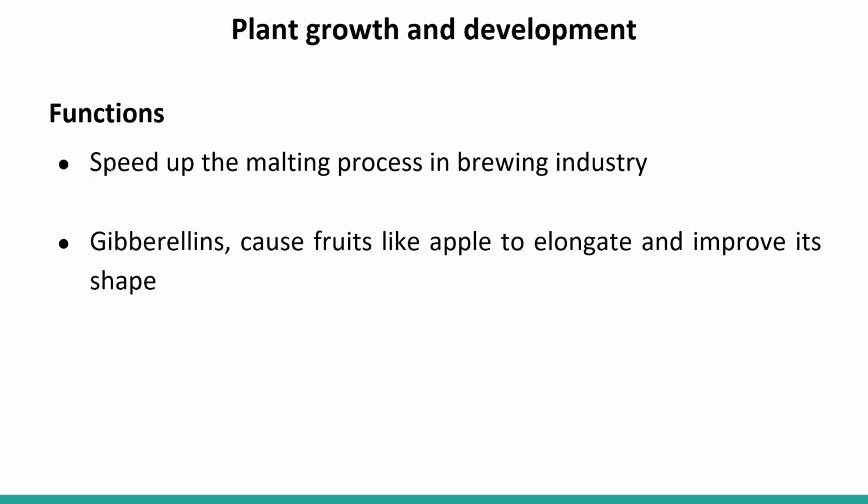The next function of gibberellic acid is to speed up the malting process in the brewing industry. Malting is very important in the brewing industry. And what is malting? It is the sprouting or germination of seeds in water or in moist condition.